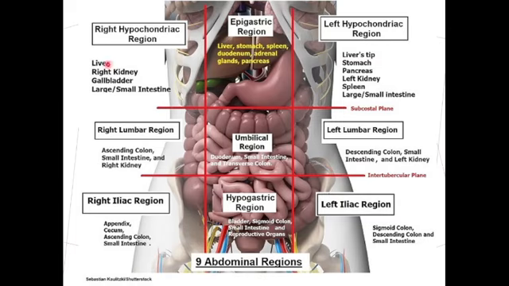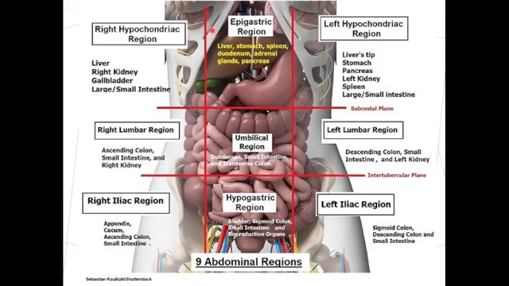So in our right side, right hypochondriac region, you'll find organs like parts of the liver. We can also see our right kidney, the gallbladder, the large and small intestine. Next, we have the epigastric region.